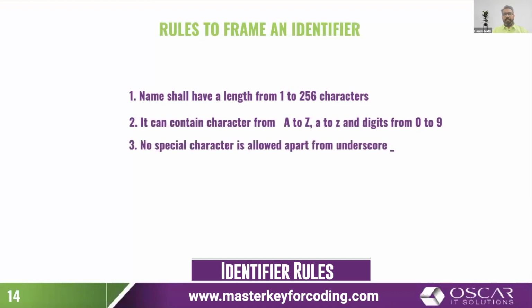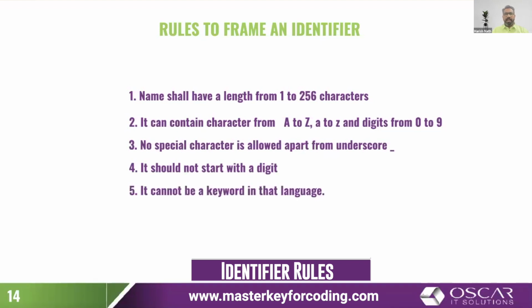No special character is allowed. In most languages, the only special character allowed is underscore. It should not start with a digit. It can't start with a digit. And it cannot be a keyword.